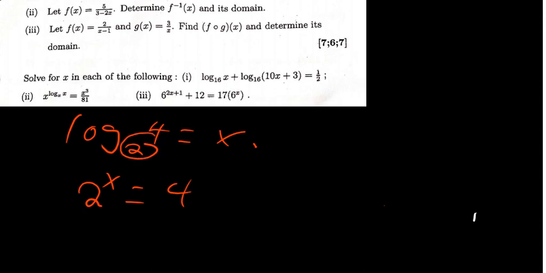If I have log base 2 of 4 is equal to x, this is equal to 2 raised to the power x is equal to 4. The base raised to the power what is outside is equal to what is inside.